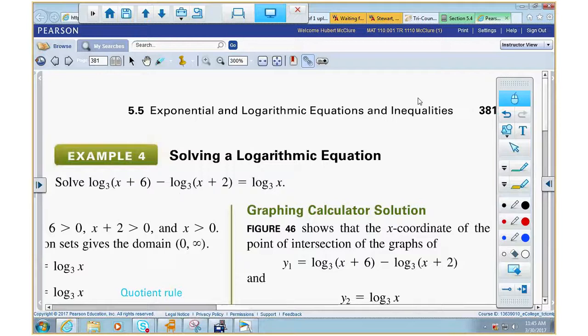This one you're going to rewrite before you actually start doing anything, using the quotient rule.